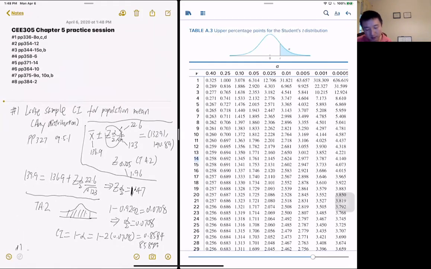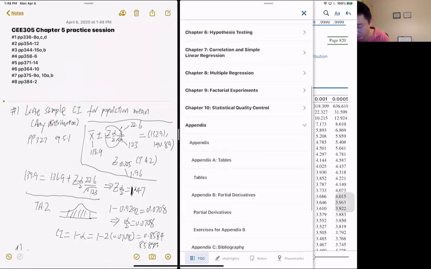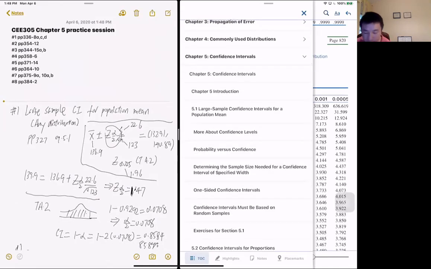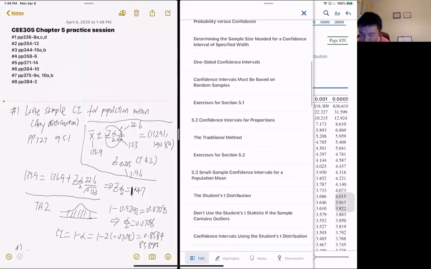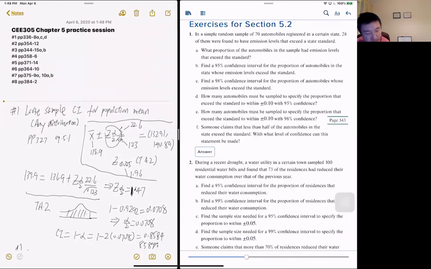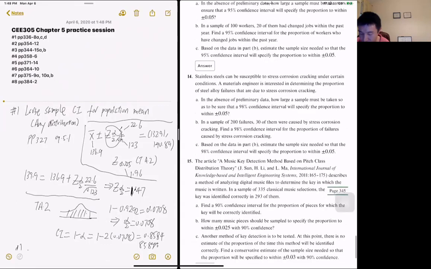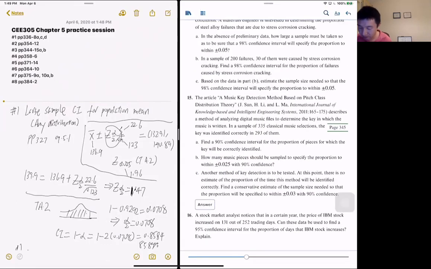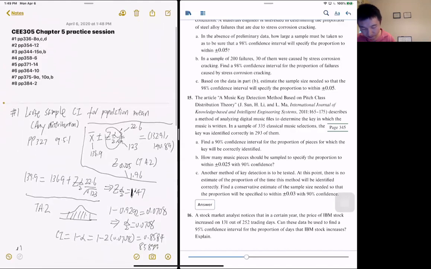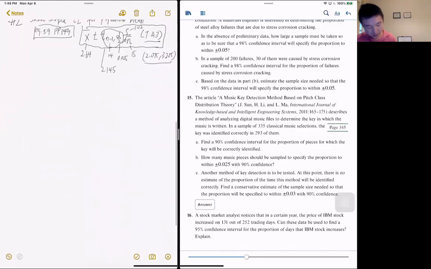The third question is on page 344, question number 15, A and B. Question 15.